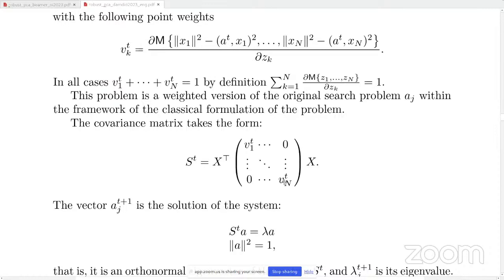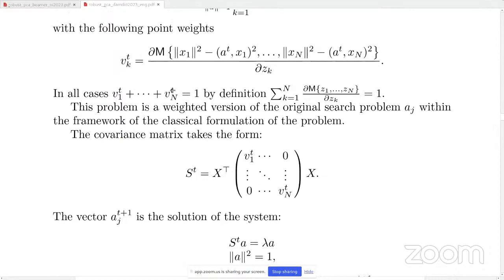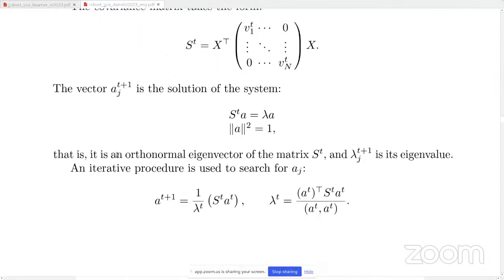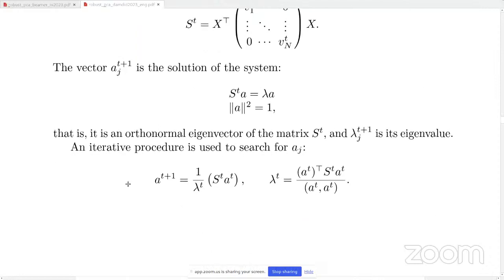On the diagonal are the weights. Weights are calculated as partial derivatives for distances from the points to the line with direction vector a_t that we found at step t. The same iterative algorithm is used to find it.